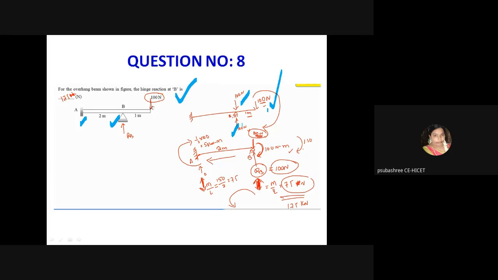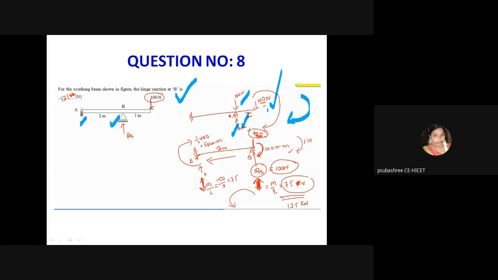Then the upward load is also here. So these two forces act as a combined couple, clockwise. So what is the formula? The clockwise moment is 100 Newton meter.